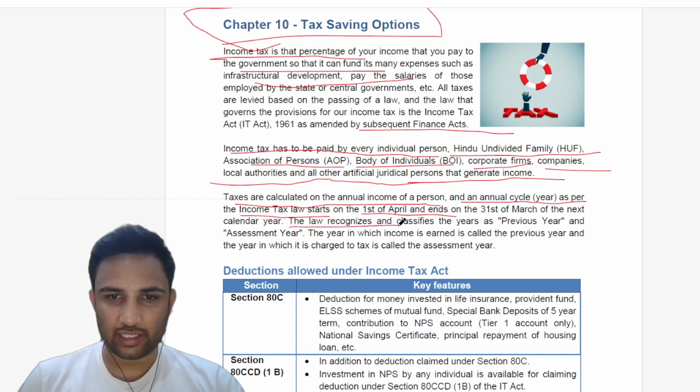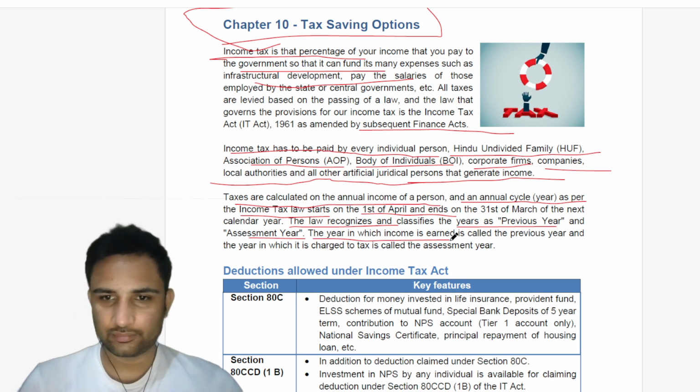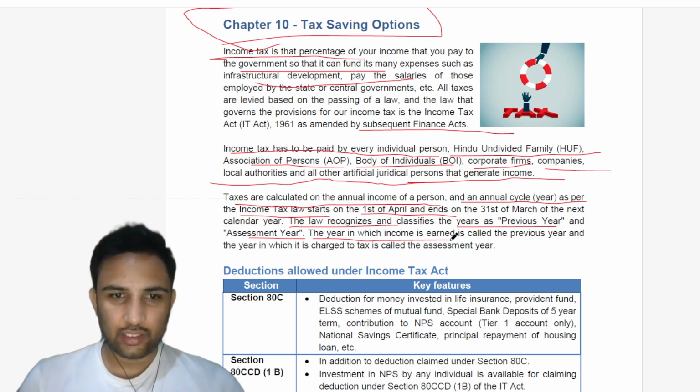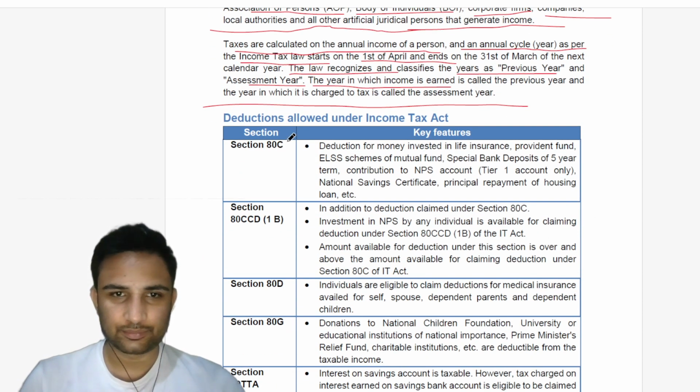The law recognizes and classifies the years as previous year and assessment year. The year in which income is earned is called the previous year, and the year in which it is charged to tax is called the assessment year.